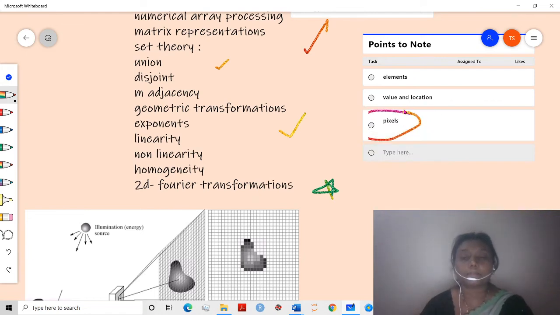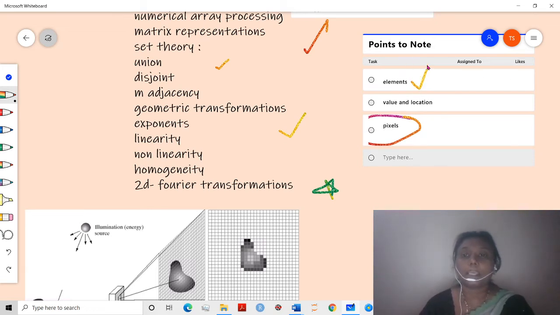Pixel is the term most widely used to denote the elements of the image.